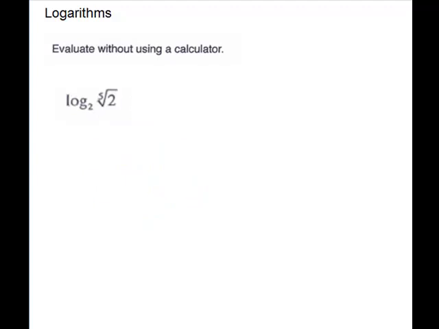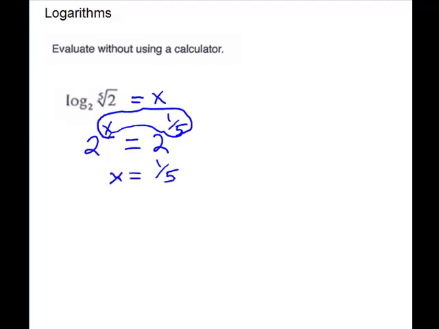To evaluate the next couple, we first have to switch out of the radical form to a fractional exponent form. So we'll call this x, and we have 2 to the x equals, this is 2 to the 1/5 power. And so we actually have this solved because our bases are the same, so our exponents will be equivalent.